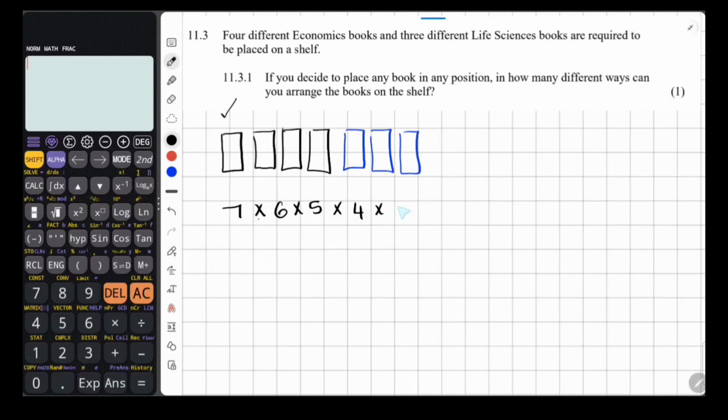The fifth book, 3 available spots. Then 2 available spots and 1. So that is really just 7 factorial, which will be equal to 5,040. So there are 5,040 ways that you can arrange these books on the shelf. Okay, so that is the first one.